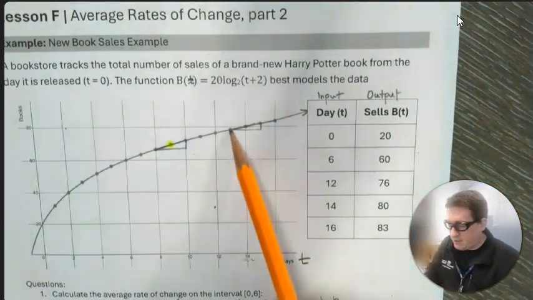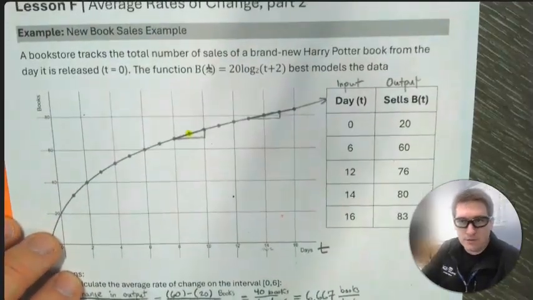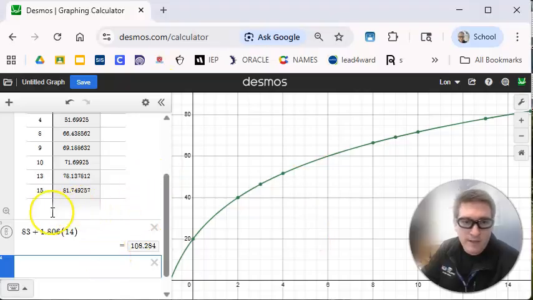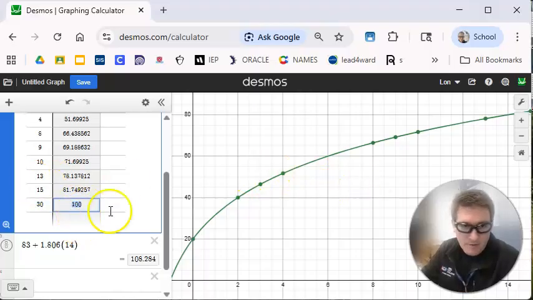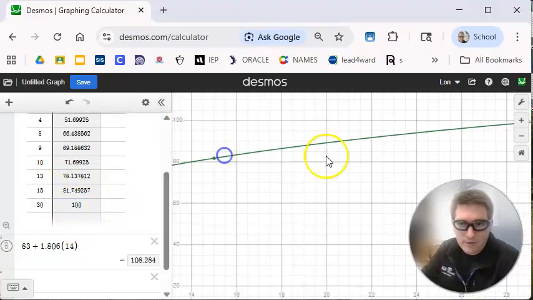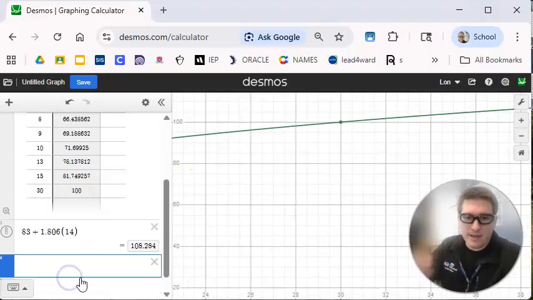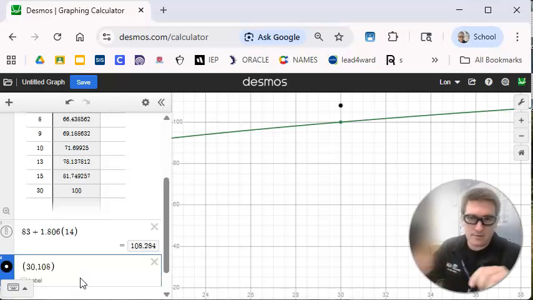Now that's assuming this continues as a straight line, but we know it doesn't, and I'm going to prove it to you using Desmos here. So we need to figure out on day 30, here it says 100, right? And I'm going to plot that point over here. So we estimated that on the 30th day, we're going to sell 108 books.